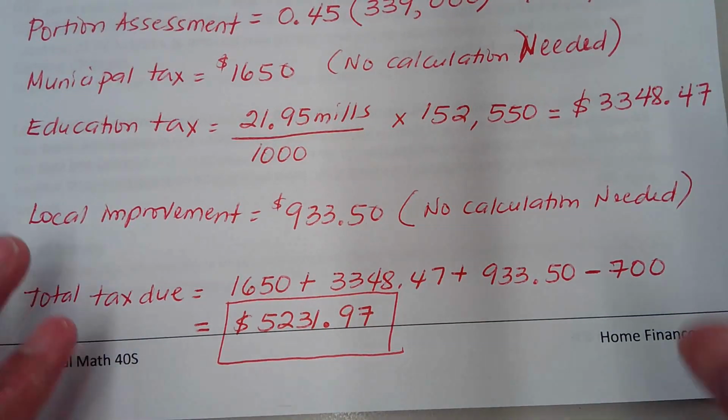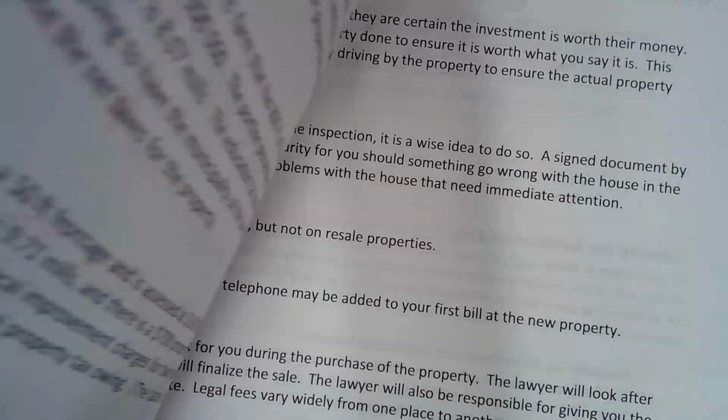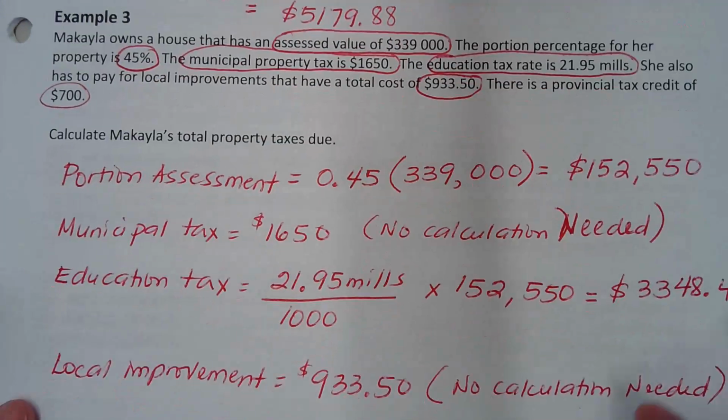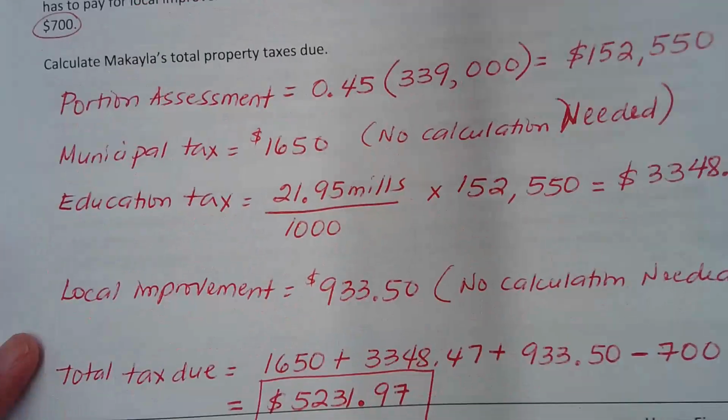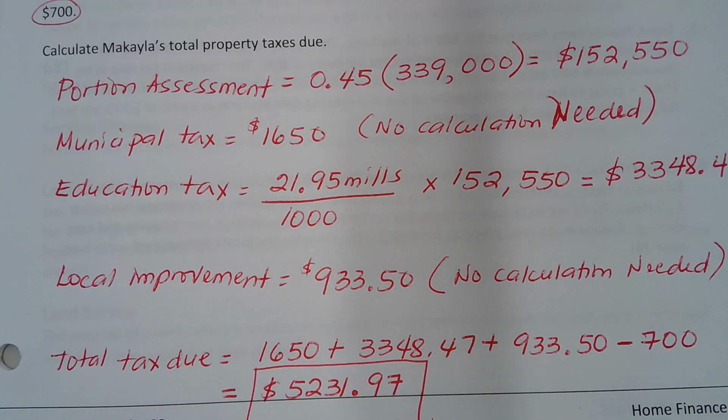So that concludes that. Let me just double check that I didn't forget anything. No, that's it. That concludes our notes on putting all of our property tax stuff together. We did a little bit of that yesterday, and then we put all the little pieces together today.